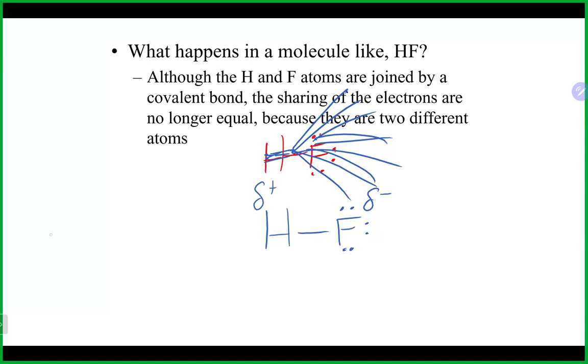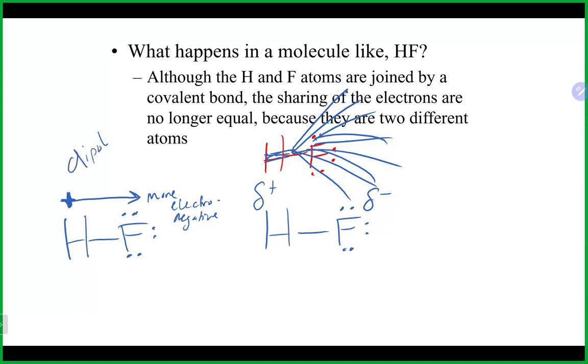You could also represent this by an arrow, which is sometimes referred to as a dipole arrow, pointing towards the more electronegative side. And the back part of the arrow that makes a plus sign is to the more positive side, or the less electronegative side. This is what is sometimes referred to as a dipole arrow.